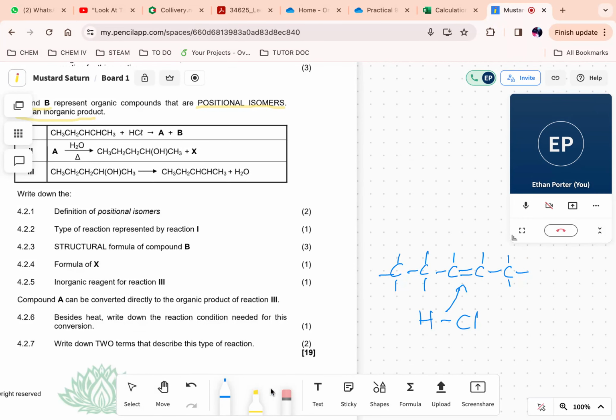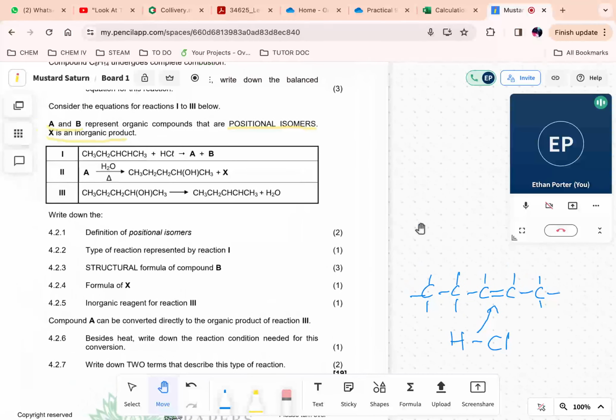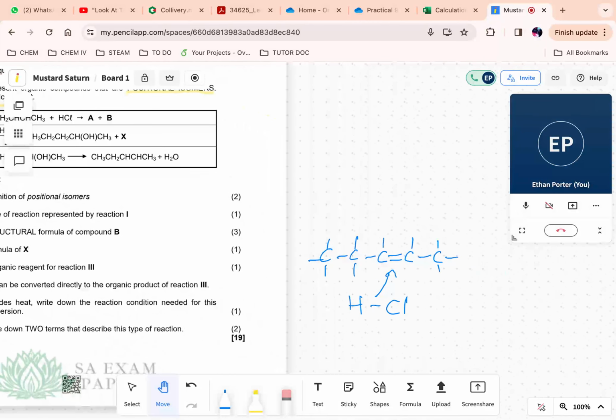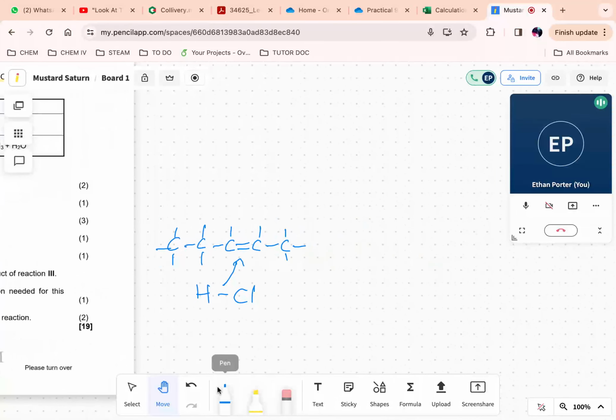From the information they told us, A and B represent organic compounds that are positional isomers. X is an inorganic product. So what you can see is that there are a couple of different ways that HCl can add across the double bond. Specifically, I'll just use R to represent that, and we'll call this R1 and this R2 to make it easier.